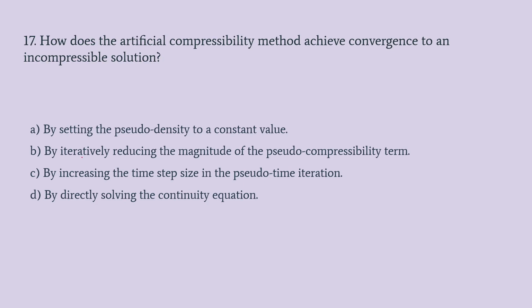Option B, by iteratively reducing the magnitude of pseudo compressibility term. Option C, by increasing the time step size in pseudo time iteration. Option D, by directly solving the continuity equation. So the question is about how we will be able to achieve a convergence in an incompressible flow problem using artificial compressibility method. Try to answer the question. You can inbox your answers.